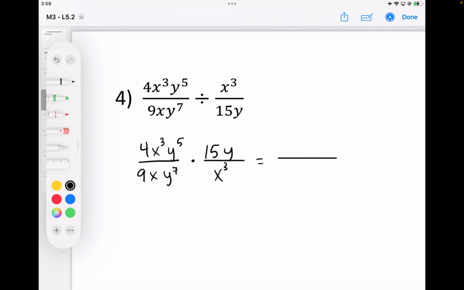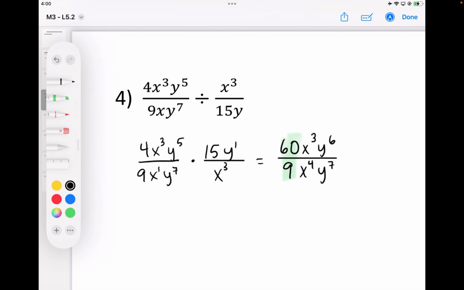So 4 times 15 is 60. And then we've got x to the third. And then y to the fifth times y is y to the sixth. And then the denominator, we've got a 9. And then x to the first times x to the third is x to the fourth. And then we've got a y to the seventh. So at this point, we're going to go ahead and simplify. I would simplify the coefficients first.